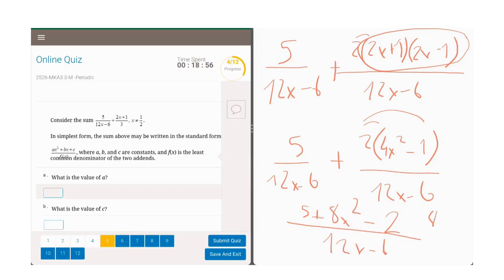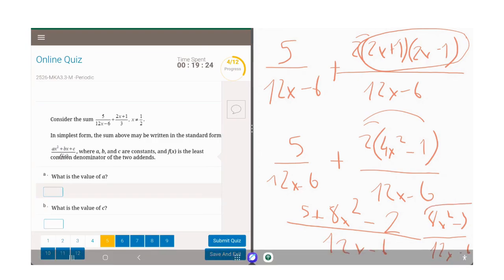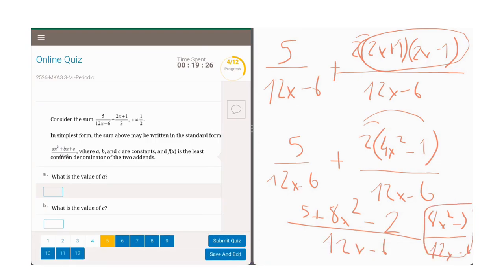So 8x squared minus 3 over 12x minus 6. And that would be the final answer here. So 8x squared minus 3, here they want an ax squared plus bx plus c. Here I think they made a mistake because we don't have a bx.